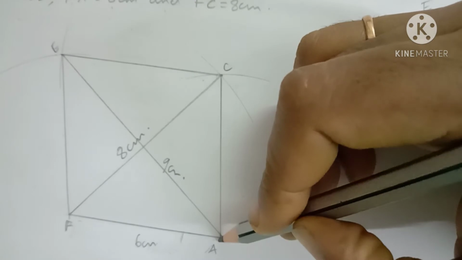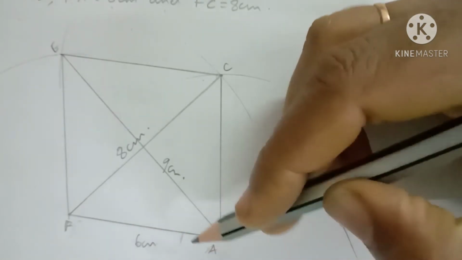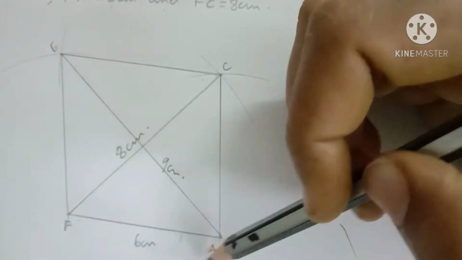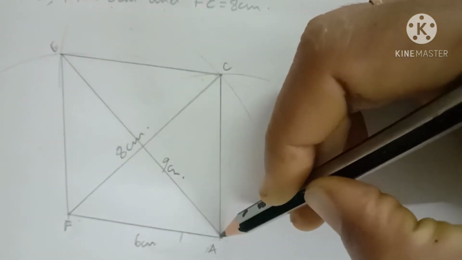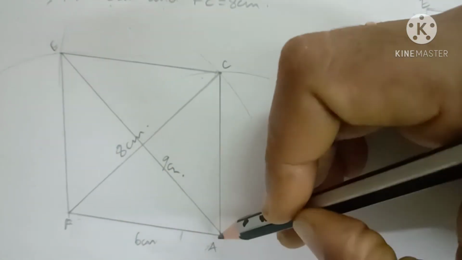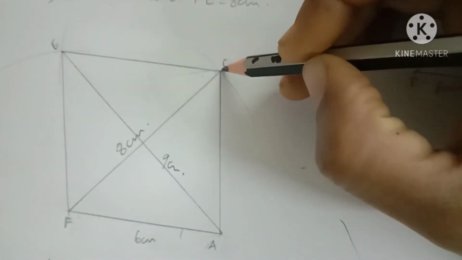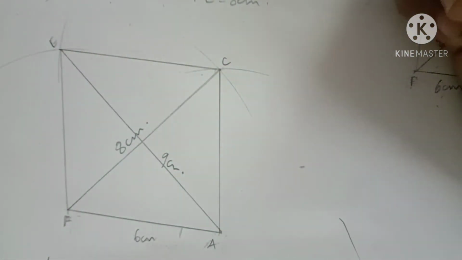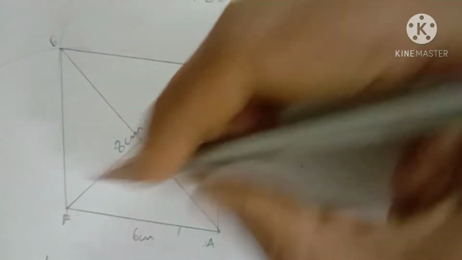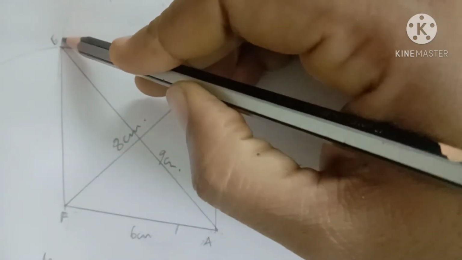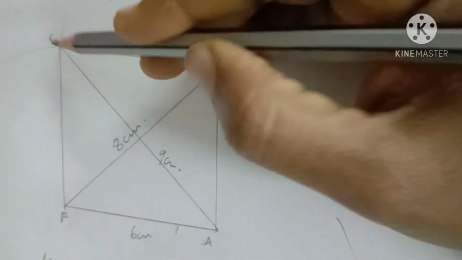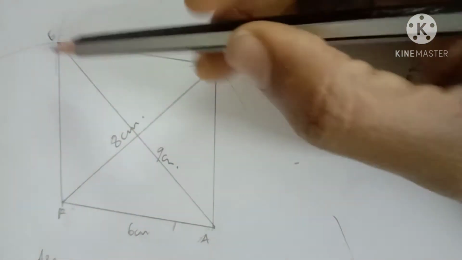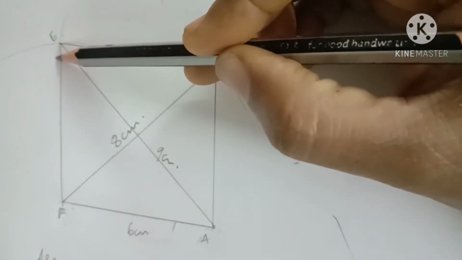So with A as center, take 6 centimeter because they have given the side FA equal to 6 centimeter, and cut an arc at C. Then join FC and AC. Then with F as center, with the same measurement, cut an arc at E, and with C as center, cut an arc with the same measurement at E.